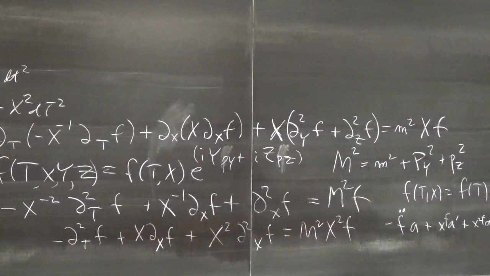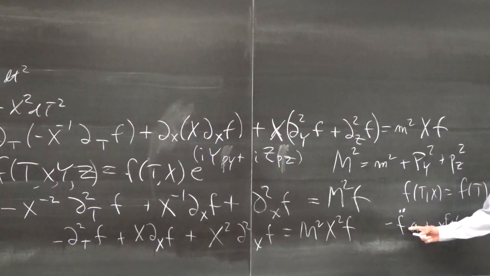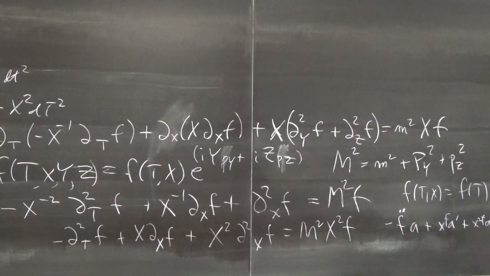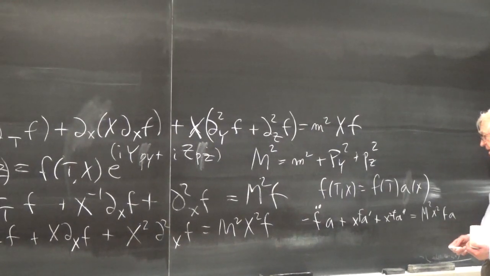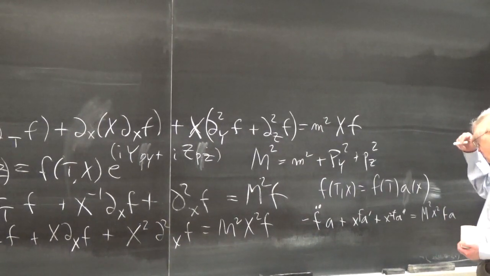So what do you end up with? Okay, this looks pretty good, actually. So we divide through by f, and we then write f as just a harmonic function of t, or, I mean, it might be an exponential function of t.